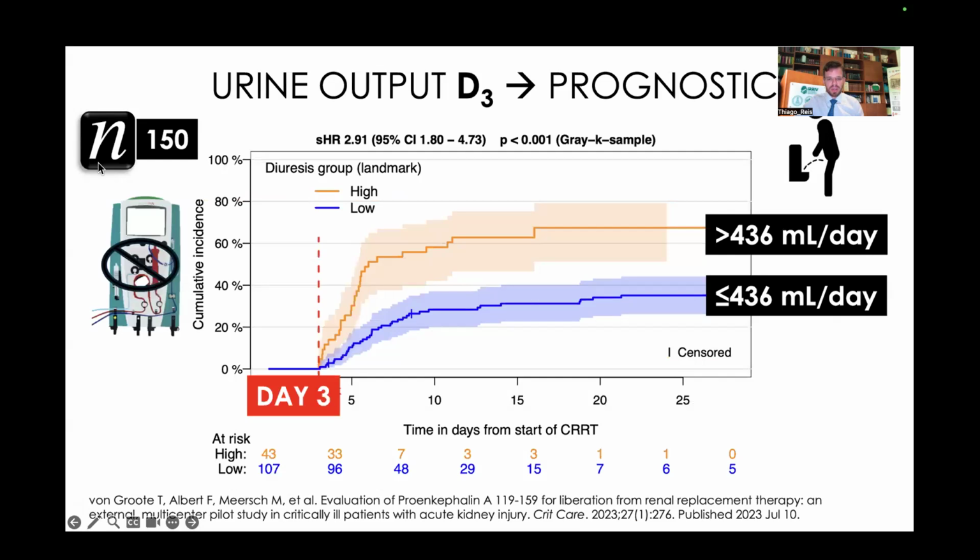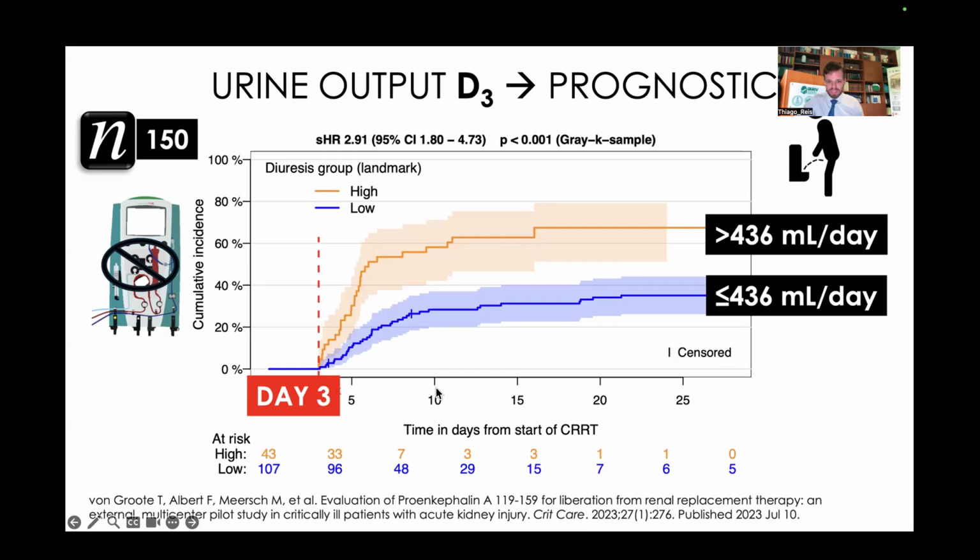And finally, the discontinuation of the therapy. In this trial in Germany, patients requiring renal replacement therapy had their urinary output measured. After 3 days from the start of CRT, if urine output is more than 436 mLs per day, these patients have a probability of being out of dialysis of more than 60%.